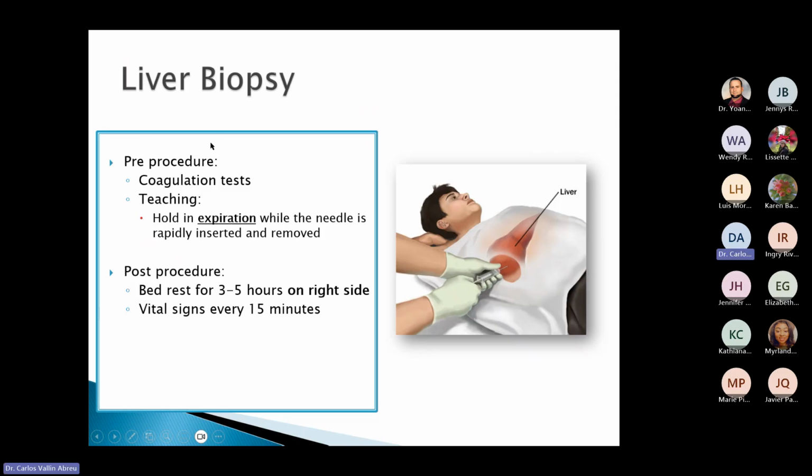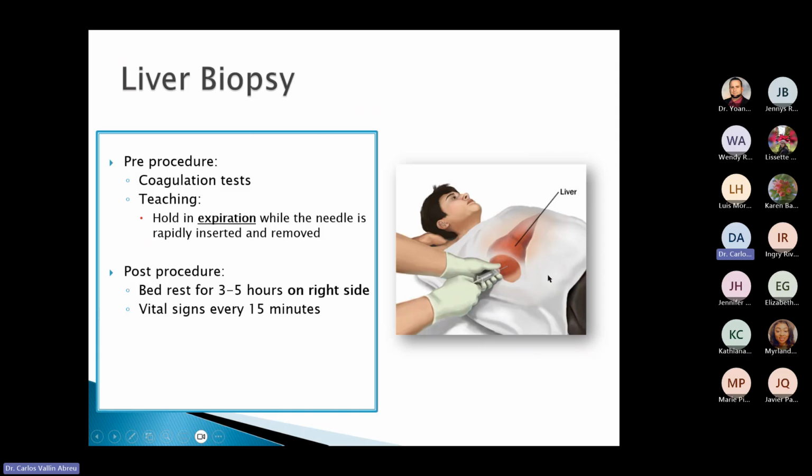For the liver biopsy, remember that it is a very bleedy procedure that requires a perfect coagulation test before the procedure, and it is contraindicated if the client is taking any kind of medication that inhibits coagulation, like antiplatelets and anticoagulants. So blood tests for coagulation need to be done before the procedure.